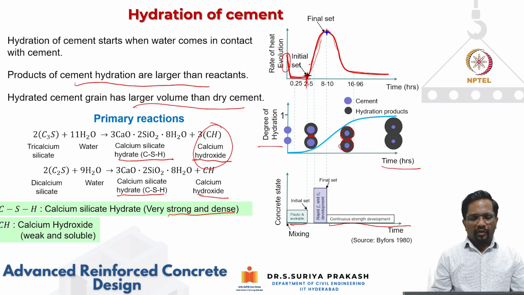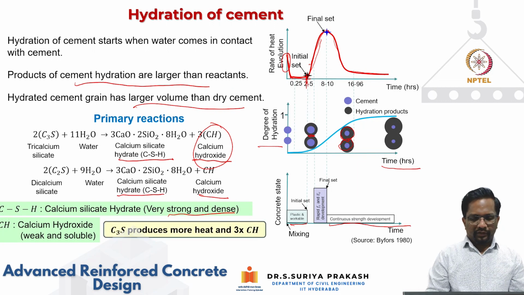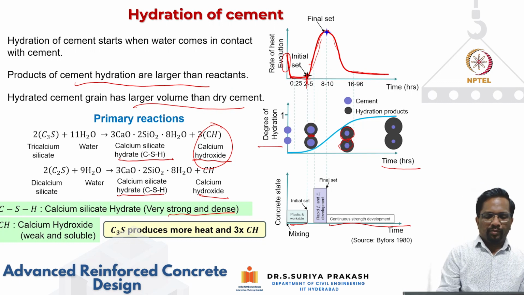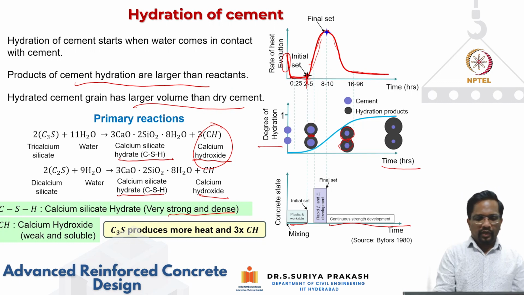However, the calcium hydroxide is weak and soluble, so we have to be careful. We need to produce more CSH and less calcium hydroxide. Also, C3S produces more heat and 3 times the calcium hydroxide than C2S.